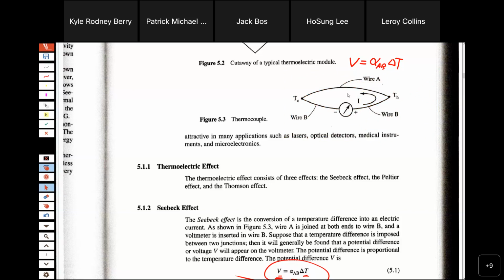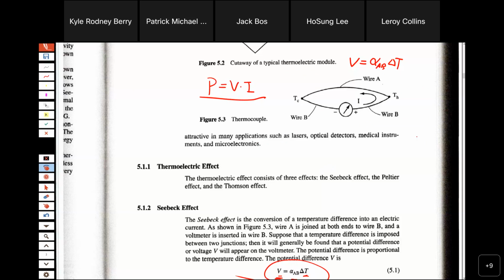It's small, maybe, but once there is current and voltage, what is the power? Power is voltage times current, yes or no? So we have power. Oh my goodness. That's the thermoelectric generator.